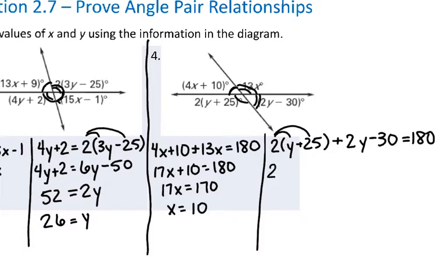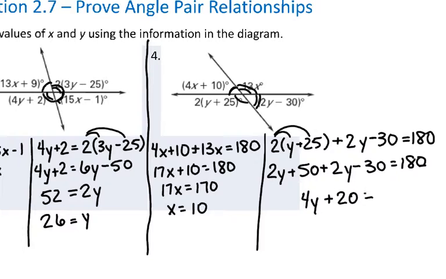We get 2y plus 50. Then write down everything else. Combine your like terms. You get 4y plus 20 equals 180.